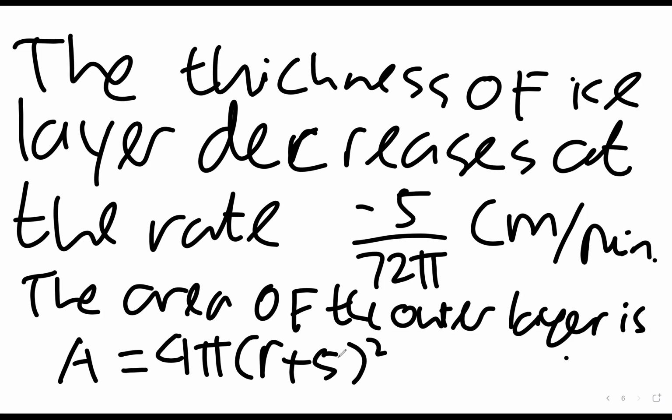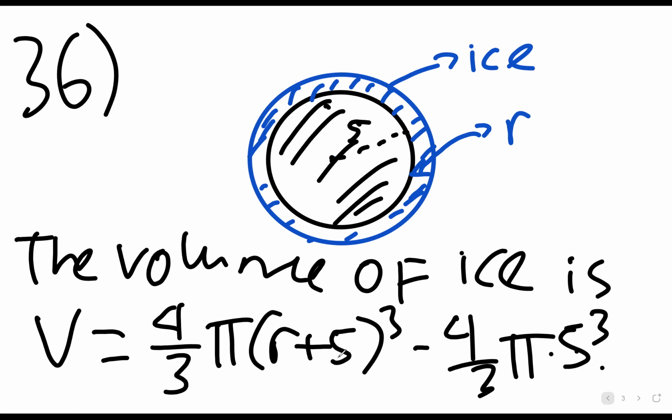This is just the surface area of a sphere of radius r plus 5, because you'll see from the picture that the radius of the bigger sphere here is r plus 5. 5 is the radius of the iron ball, and r is the thickness of the ice layer.